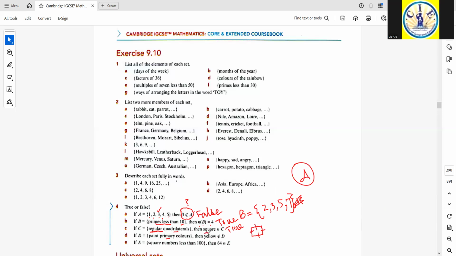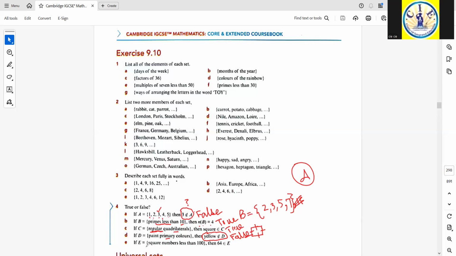So the statement that yellow does not belong to D is false, because yellow is amongst the primary colors. It is one of the primary colors. So this statement is false.